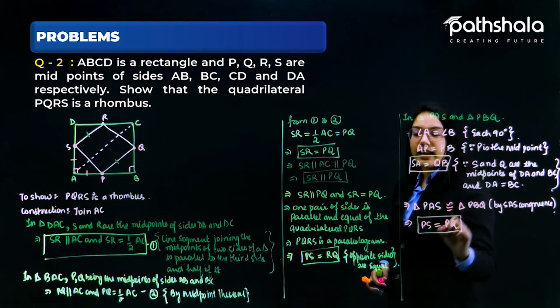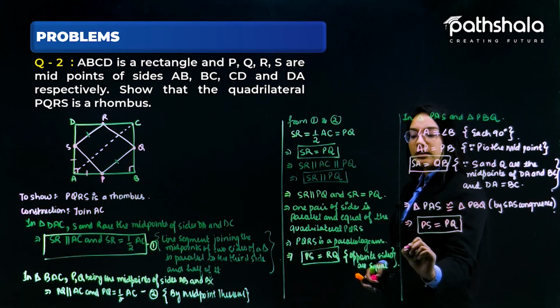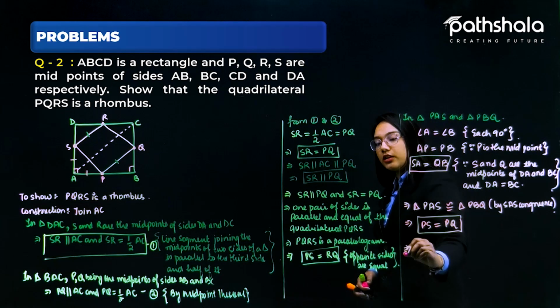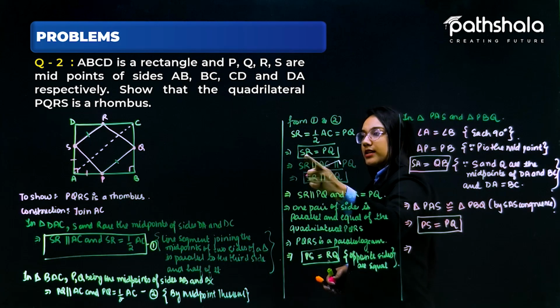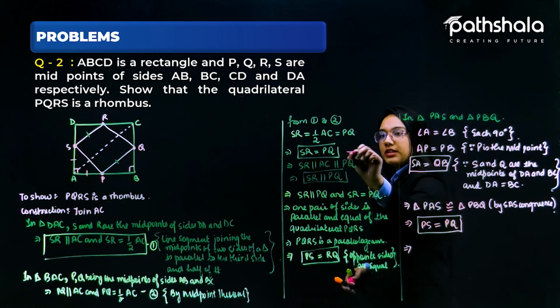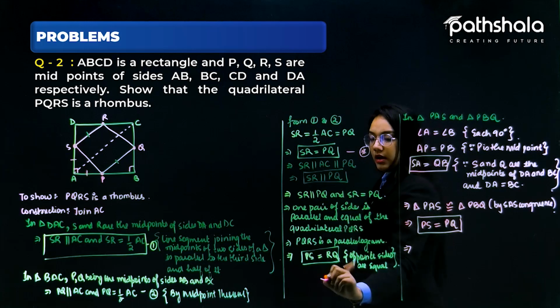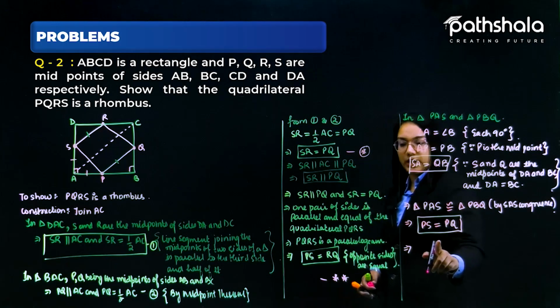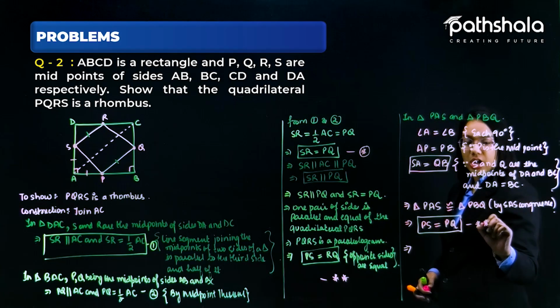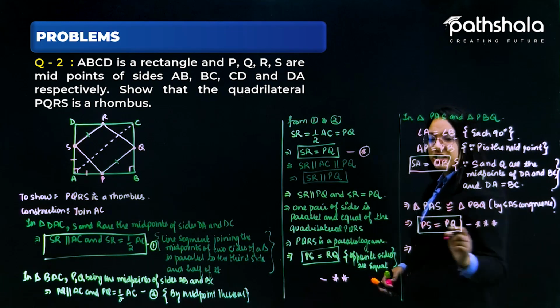So at the end, what we have deduced is that SR is equal to PQ. Let us call these equations star, double star and triple star. What can we say from these three equations?